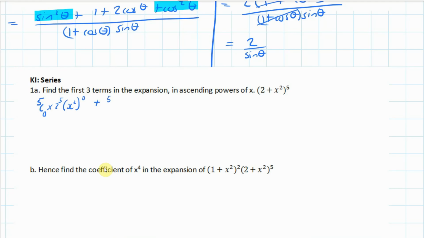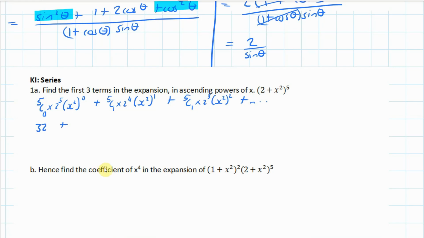Then the next one is going to be 5 choose 1, times 2 to the power of 4, and then times x squared, and that will be to the power of 1 this time, plus 5 choose 2, times 2 to the power of 3, and then times x squared, and this time it's going to be to the power of 2. And those are our first three terms in the expansion. Now 5 choose 0 is simply going to be 1, and so we're going to go 2 to the 5, which is 32, yeah, wake up, 32 is our first term.